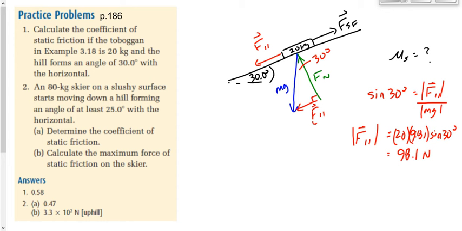There's my F parallel. What do we know about F parallel? The relationship between F parallel and the force of static friction. It's in static equilibrium, so those have to be the same. So let's say FSF equals 98.1 newtons as well. All right. If FSF is 98.1 newtons, then I can find the coefficient pretty easily here.